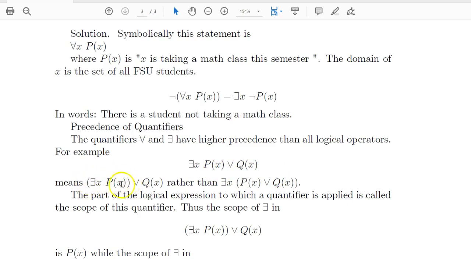We have parentheses here rather than these parentheses here. The part of the logical expression to which a quantifier is applied is called the scope of the quantifier. So the scope of the quantifier is just P of x if the expression is written this way.